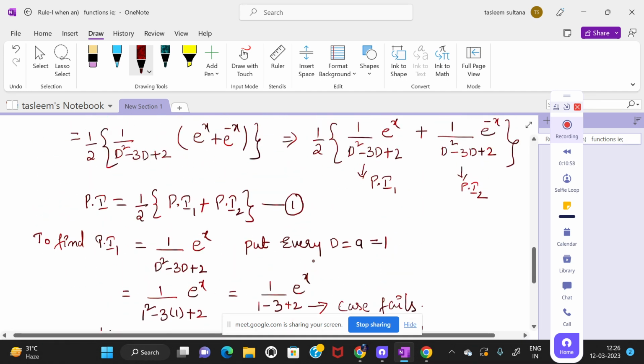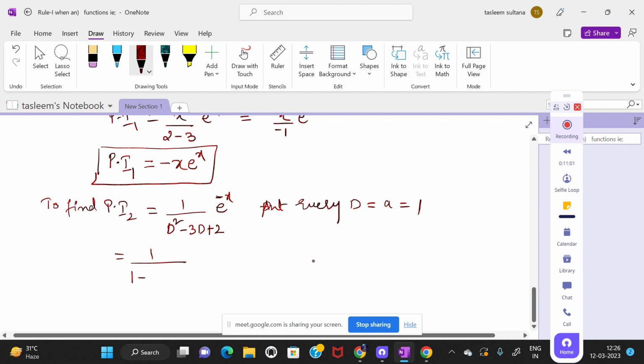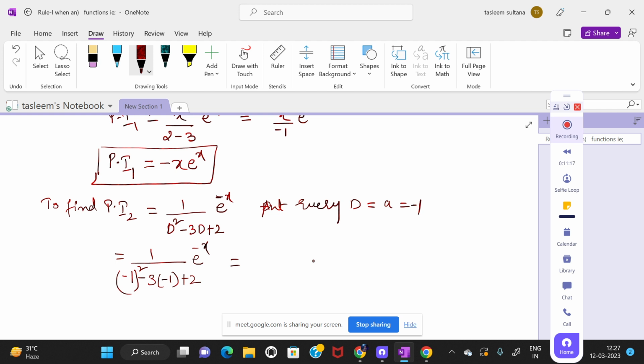Here your a value will be minus 1. So 1 divided by (minus 1 whole square minus 3 into minus 1 plus 2) e to the power of minus x.